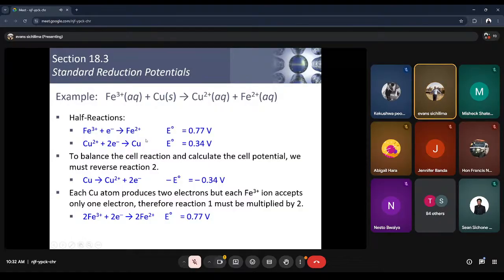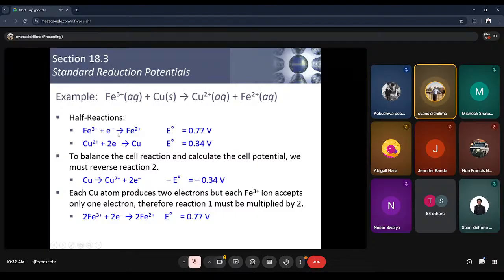Okay? On the other hand, copper is gaining 2 electrons. Now, hold on here. I'll explain what is happening in this equation. We can see that copper moved from copper neutral to copper 2 plus. So it was losing.